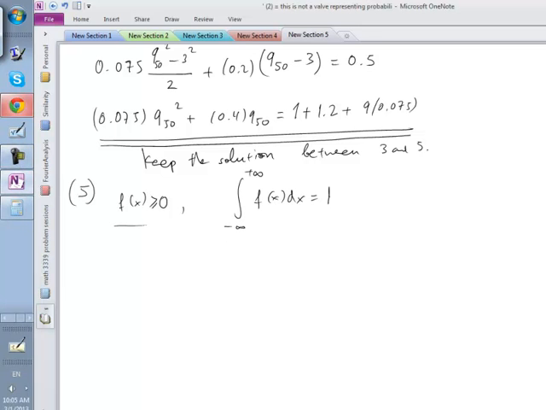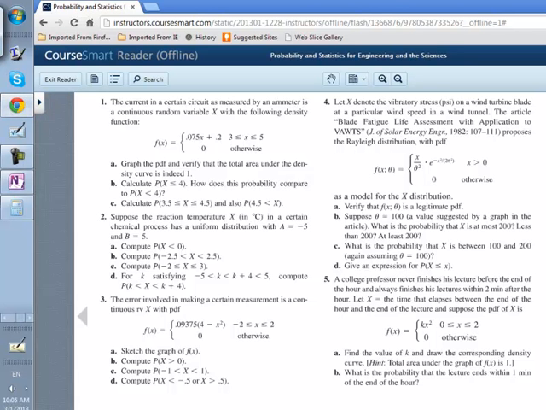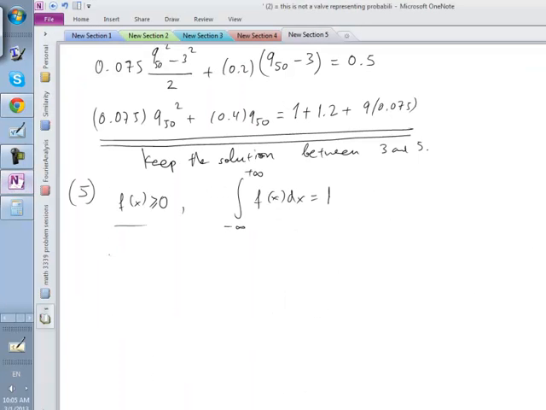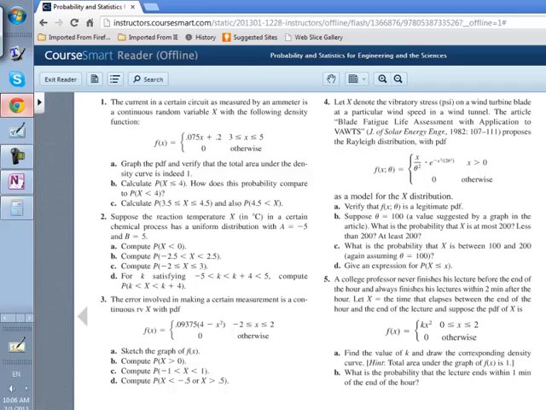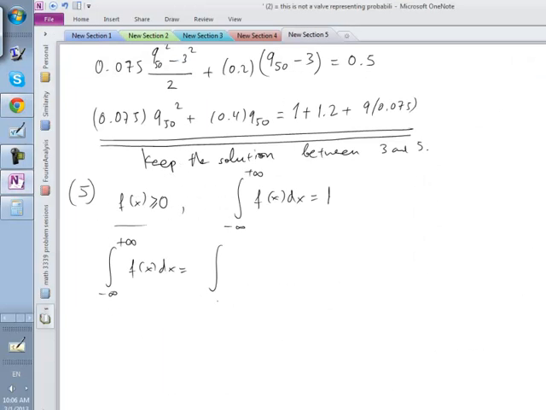The problem tells us immediately that it satisfies number 1. So you have to take k to be non-negative, of course. And then let's look at the integration. We need the integral from negative infinity to plus infinity of f of x dx. So this is the integral from 0 to 2 of f of x dx, because outside of 0 and 2, the density is equal to 0.